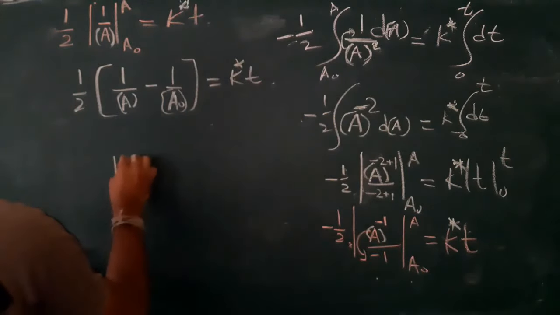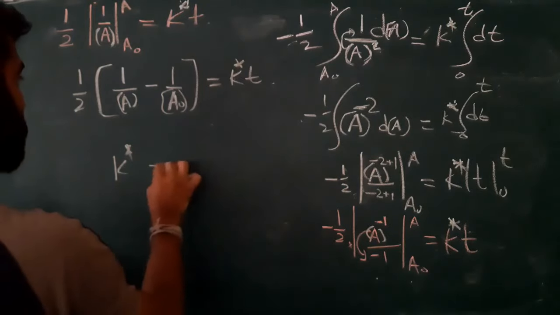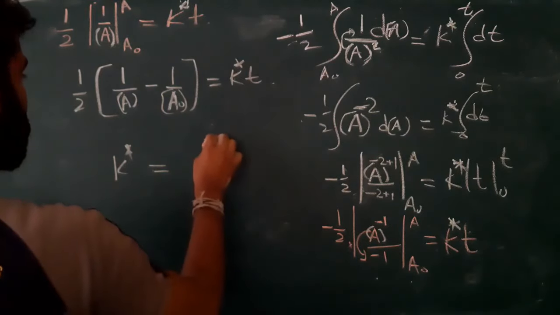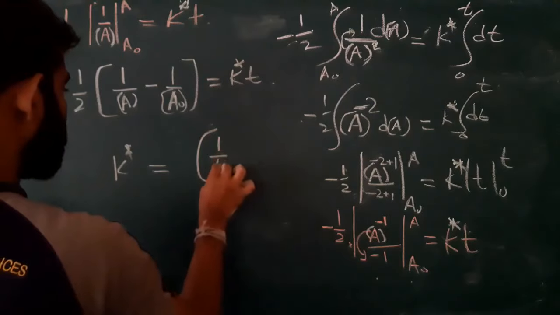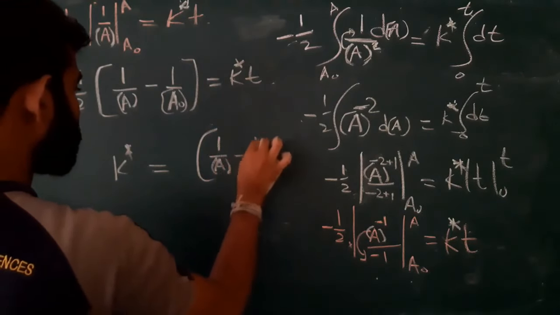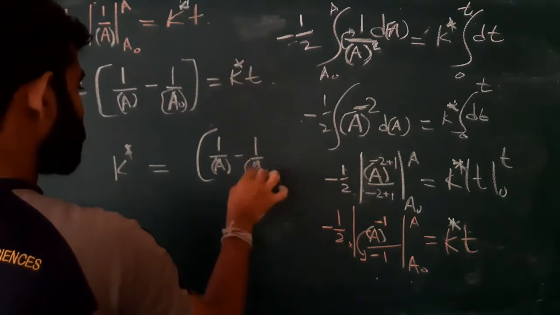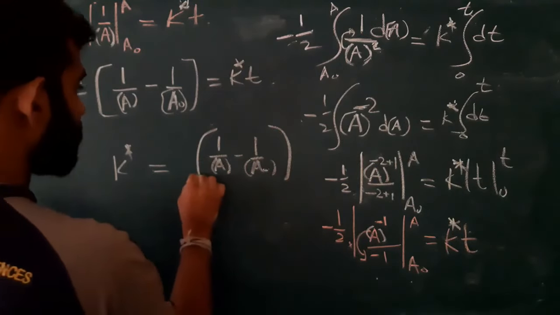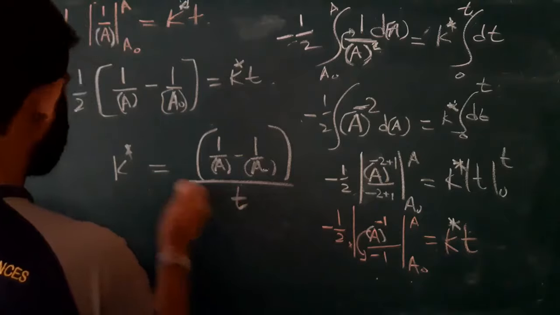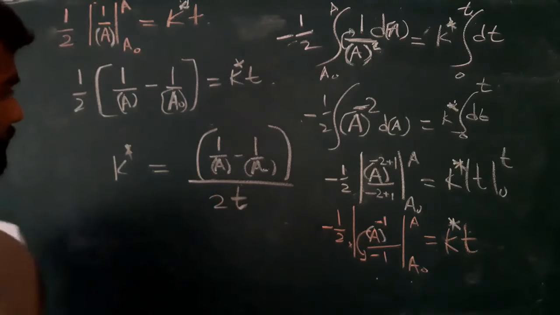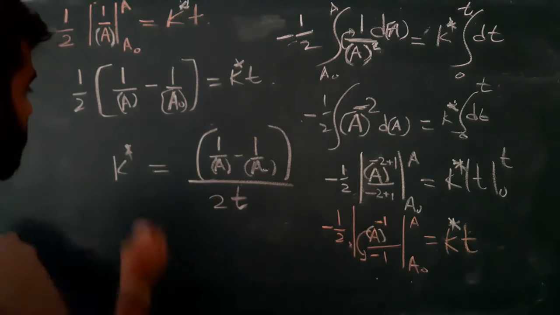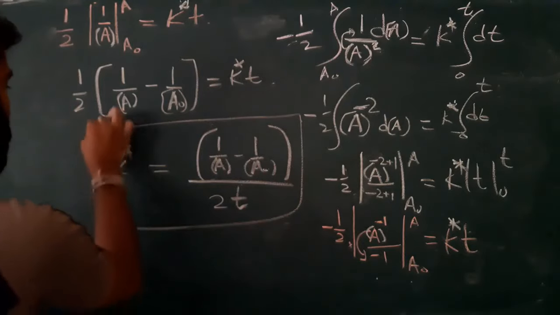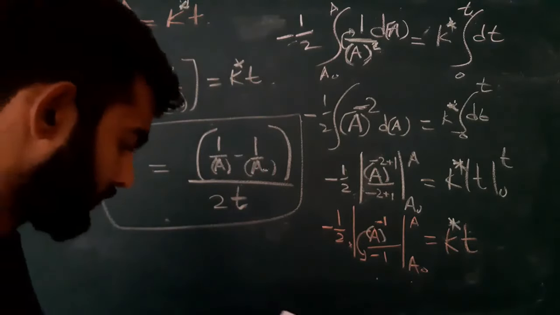So k star equals, within brackets, 1 over a concentration minus 1 over a naught concentration, divided by t, here 2. This is the expression for k star, the pseudo rate constant.